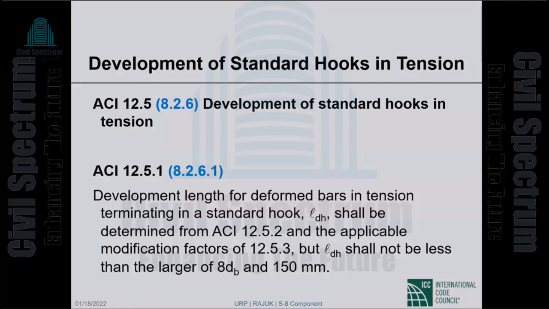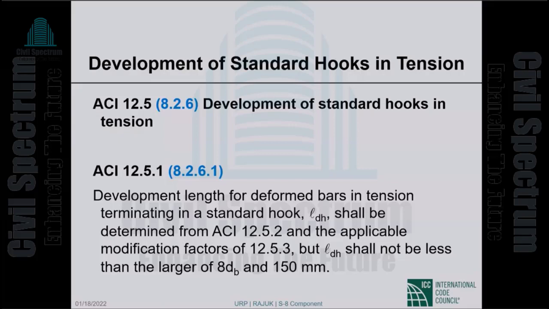So we call this L sub D H. L sub D is the required development length of deformed bar in tension. L sub DC required development length of deformed bar in compression. L sub DH required development of hooked bar in tension, and there will be after this L sub DT, that is something relatively new, that is the required development length of headed bar in tension. Okay, hooked bar and then headed bar.